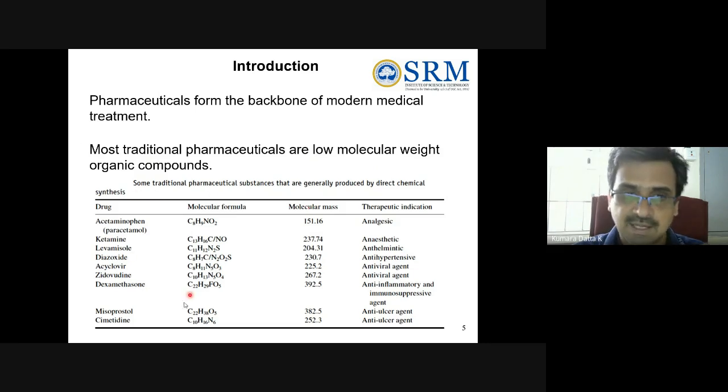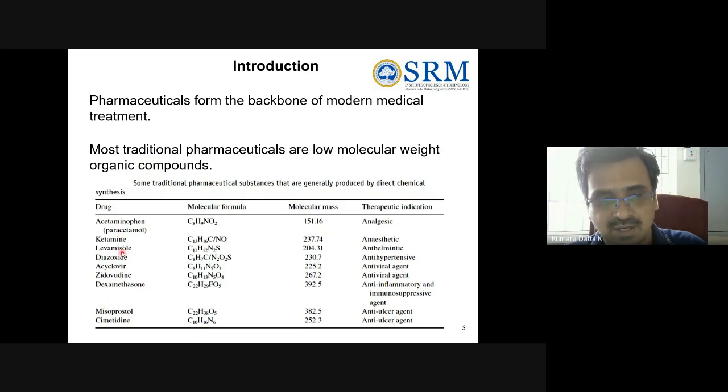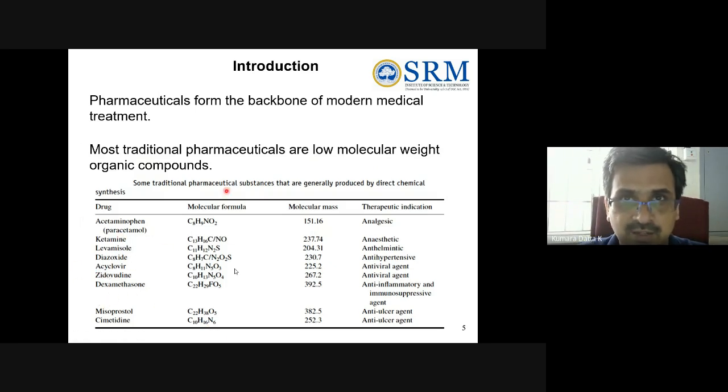Now, these are the traditional pharmaceutical substances which you can synthesize by direct chemical synthesis. For example, acetaminophen or paracetamol, which has a mass of 151, and ketamine, and several others. I don't know how many of you have heard of other drugs too, but these are the different drug molecules, with the corresponding molecular formula and molecular mass. And for what do we use paracetamol?